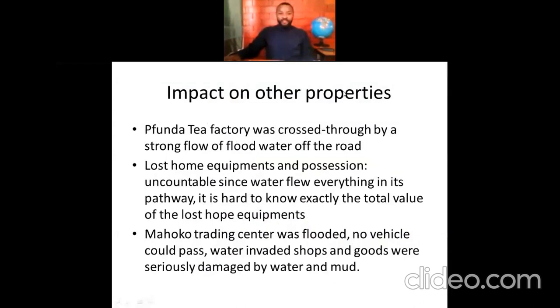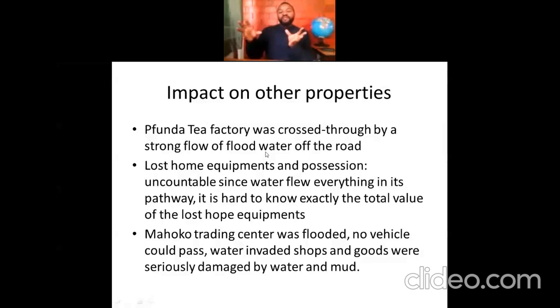Impacts on other properties: the tea factory was also crossed through by a strong flow of floodwater off the road, because the river branched from the main channel to the settlements.